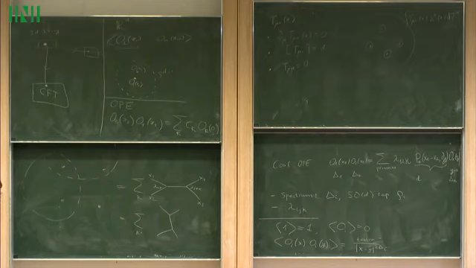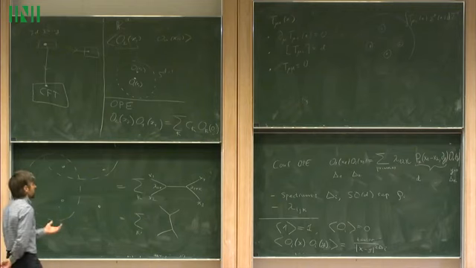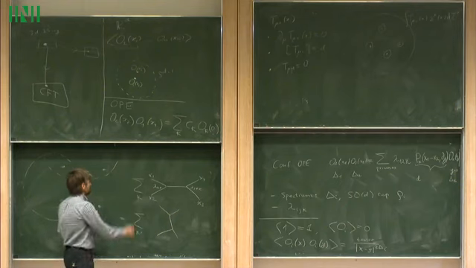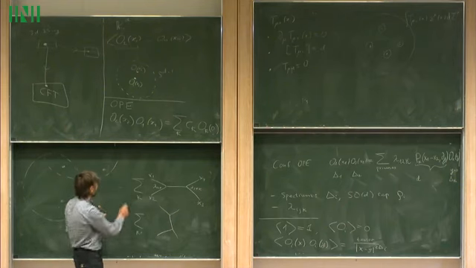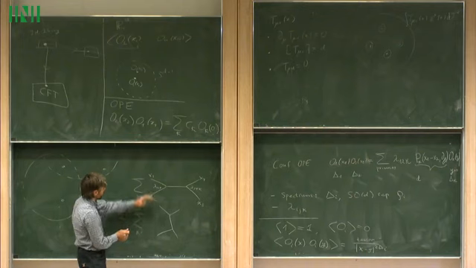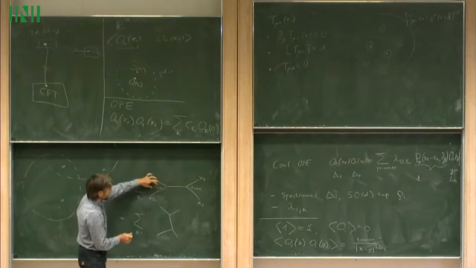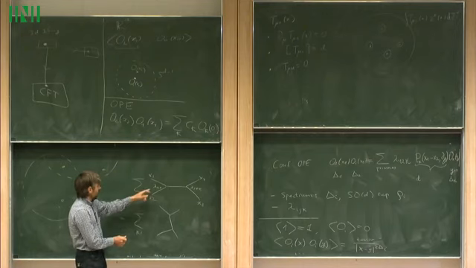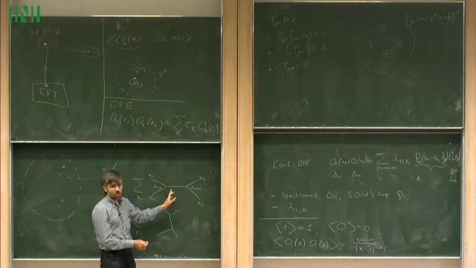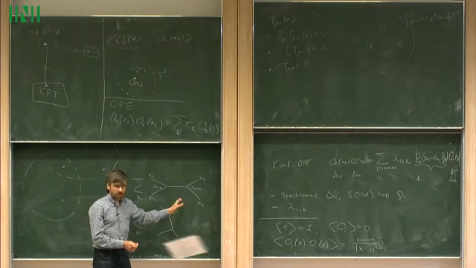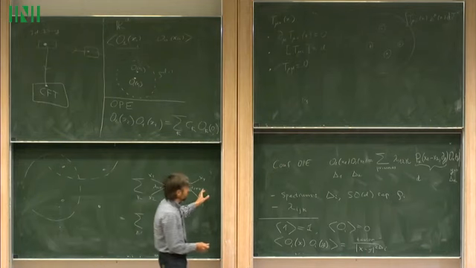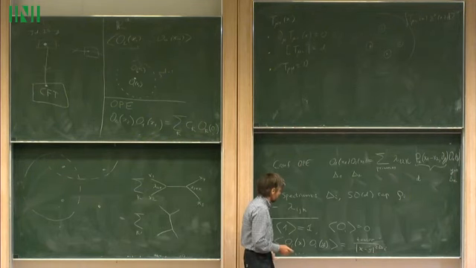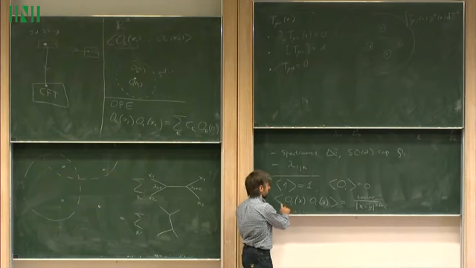So what I would like to do now, just to convince you that there is some room here for numerical exploration, I forgot to mention one thing. In this equation there are terms which are proportional to these lambdas, which we don't know. But there is one term in each of these sides that we do know, and that's the term where the exchanged operator is the unit operator. The OPE coefficient with the unit operator is equal to 1 as a consequence of this normalization.